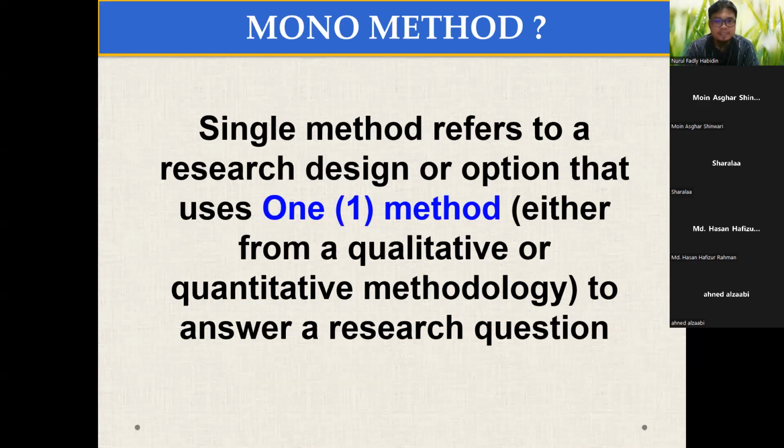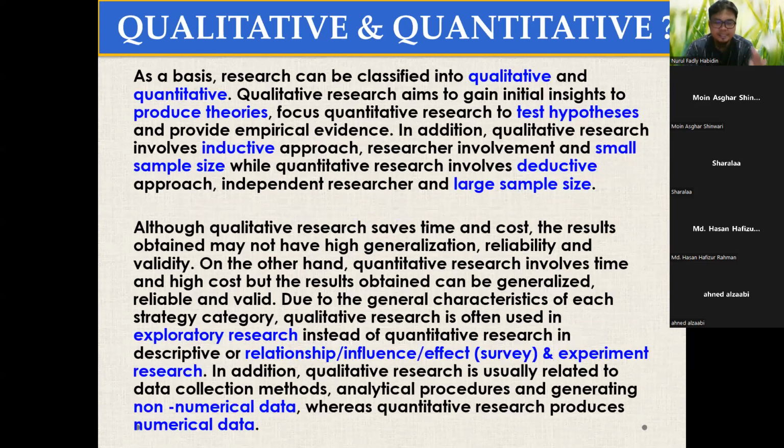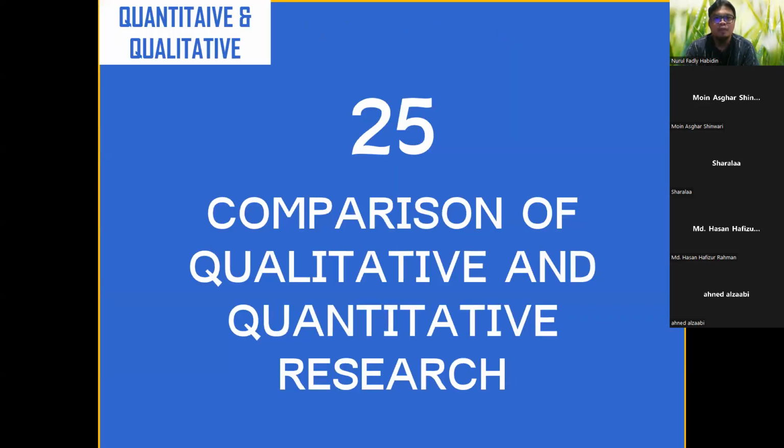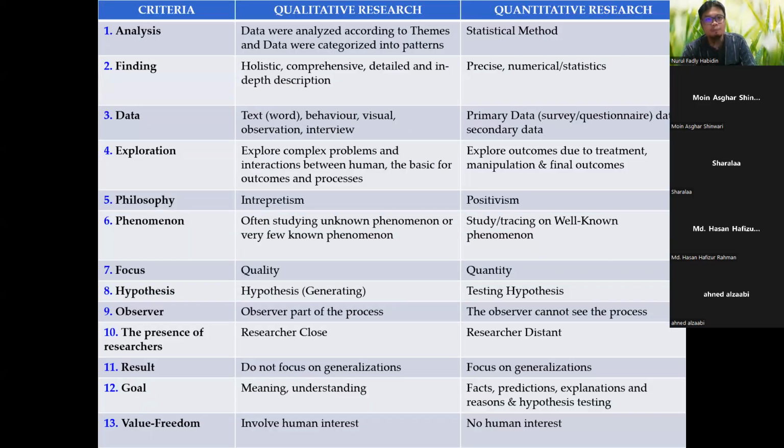Okay, this is a mono method. You only use one method, meaning that it is either quali or quanti. Okay, this is the explanation of the quantitative and qualitative. Okay, this is the 25 comparisons in qualitative and quantitative. So this is another topic, a big topic.